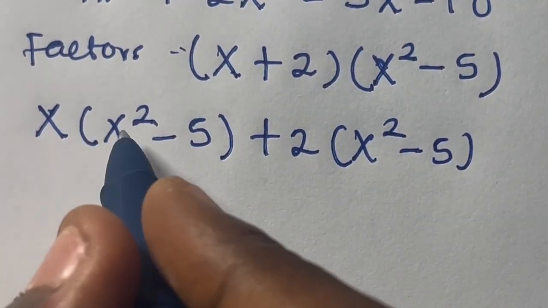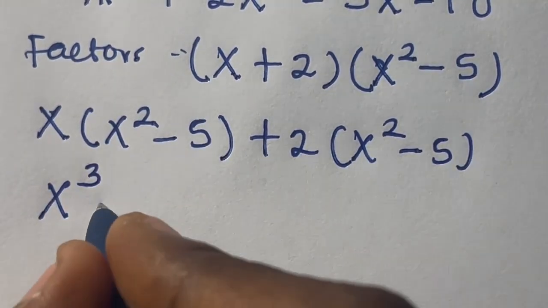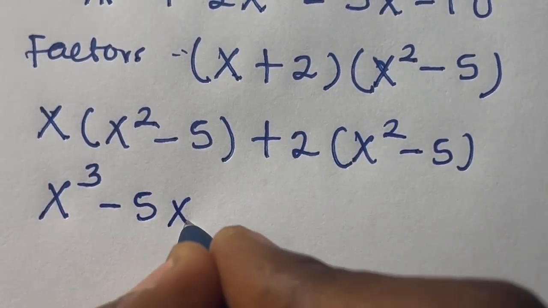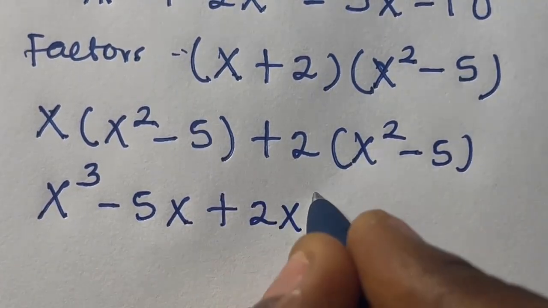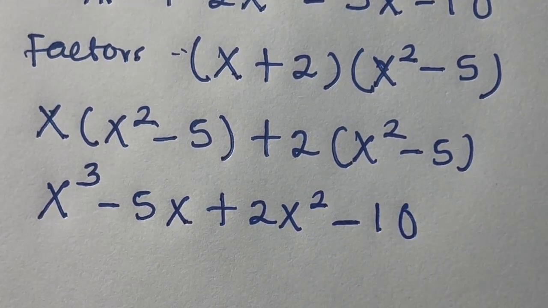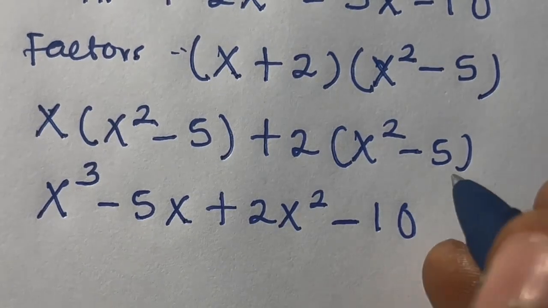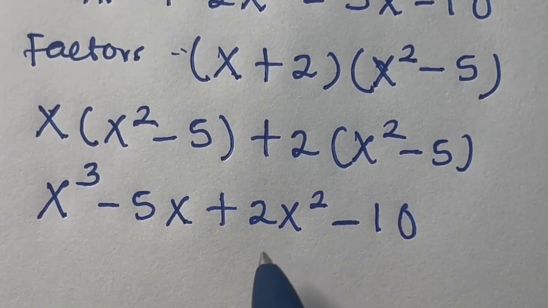All right, x times x squared will give us x raised to the power 3. x times minus 5, so we have minus 5x. Plus 2 times x squared, we have 2x squared. Plus 2 times minus 5, that is minus 10. Now if you look at this, you see that we don't have any like terms.